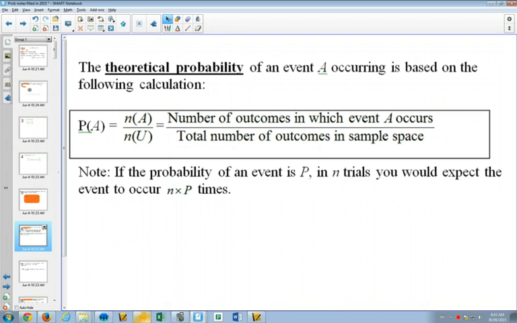But if you rolled a pair of dice 36 times, you're not guaranteed to get 7 exactly 6 times. Okay? So if you did an experiment, your experiment might be close to theoretical probability, but probably wouldn't be exactly theoretical probability.